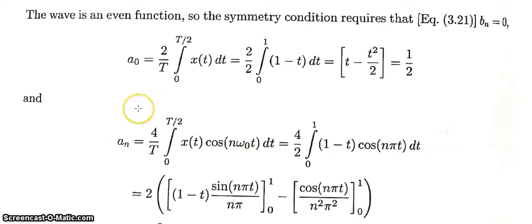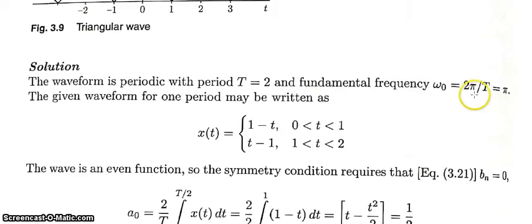That is, when we are making use of the symmetry condition and evaluating the coefficient, the equation for A0 is 2 by T integral 0 to T by 2 x of t dt, and the fundamental time period T is 2 in this question, and also the omega 0 value: omega 0 is 2 pi by T, and it is pi.